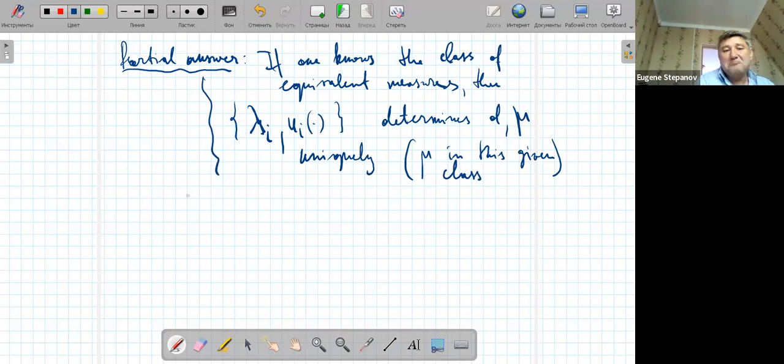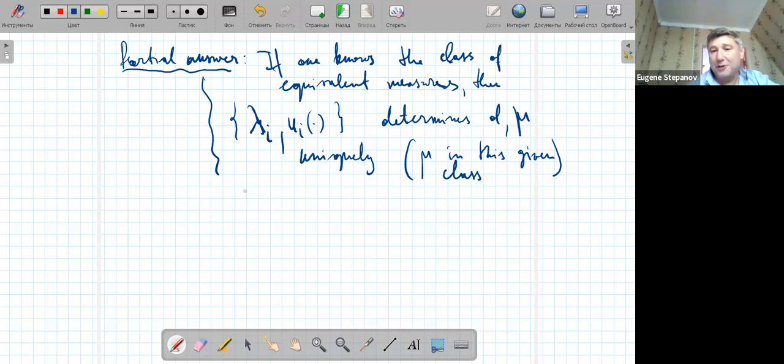But in principle, I don't know what happens. Maybe it is possible to have the same distance but two different measures, mu1 and mu2, both with the whole space as support, but mutually singular, and to have the same spectrum and the same set of eigenfunctions of this operator.